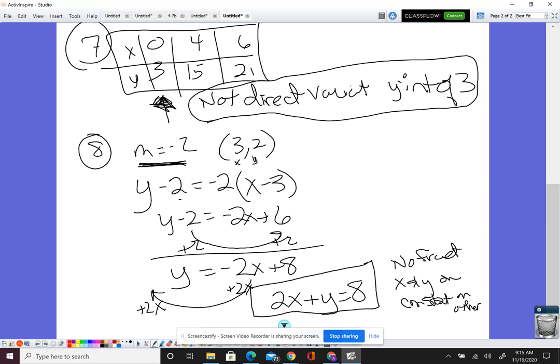And then when we're using the y minus 2 on the other side and we're bringing it over, we're doing +2. We're not bringing the -2 to the other side. It's the same process. We bring the -2 to the other side, but because we're crossing the equal sign, it changes signs. The same thing with the -2x. We're bringing that over. We cross the equal sign, so it becomes a +2x.